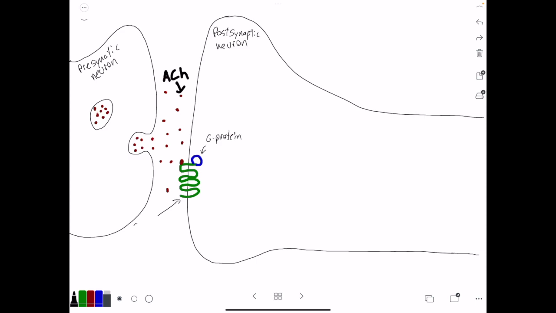So this is a G protein coupled receptor. And what kind of receptors do we call that in the context of neurotransmission? We call these types of receptors metabotropic.